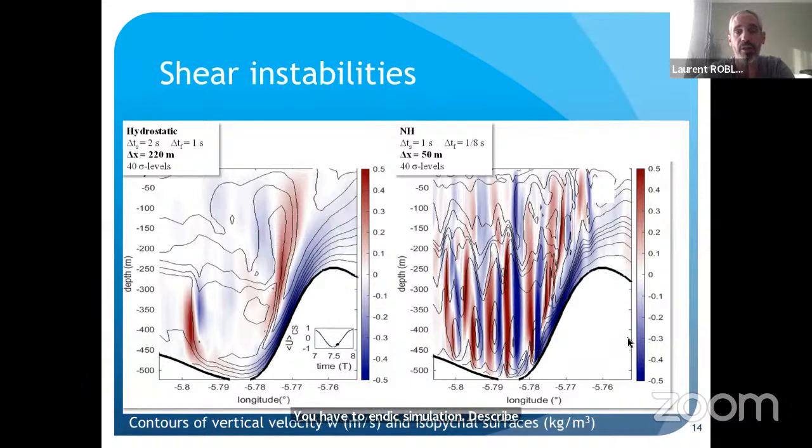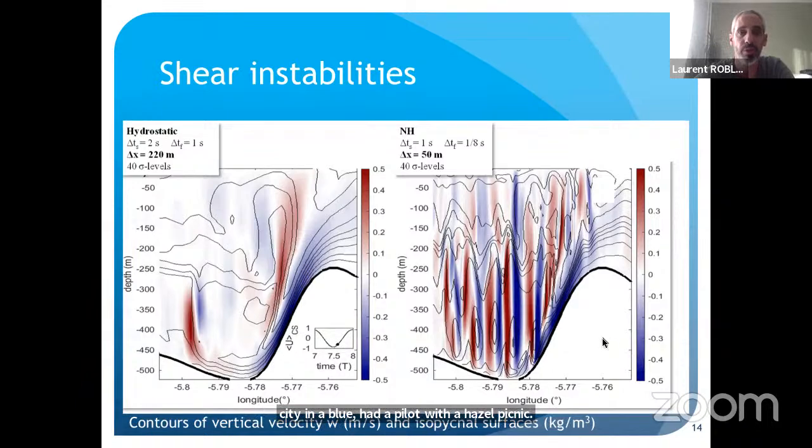We have a particular focus here on the shear instability occurring at Camarinal sill at the onset of the tidal outflow. And I will present here the contour of vertical velocity in a blue-red palette with isopycnal surfaces overlaid.